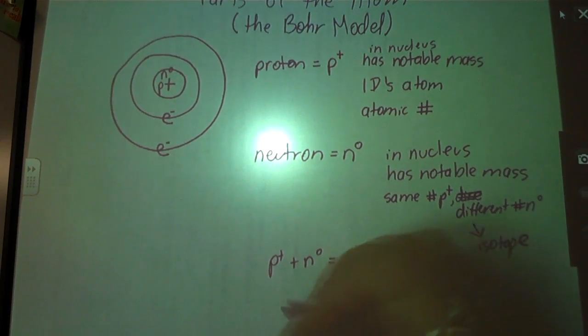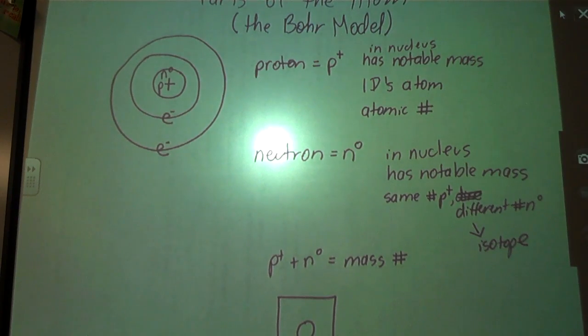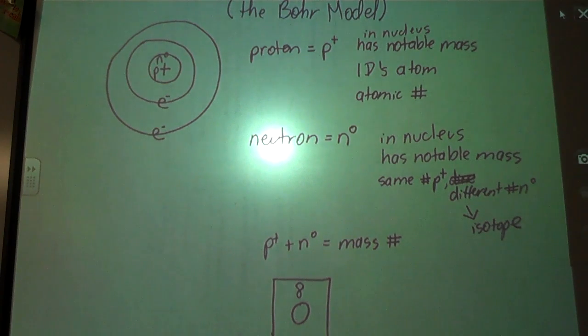So, for example, if we were talking about oxygen. Oxygen has an atomic number of 8. You usually see it at the top of the box on your periodic table. Mass number of 16. That is a rounded number, but we'll go with it for now.